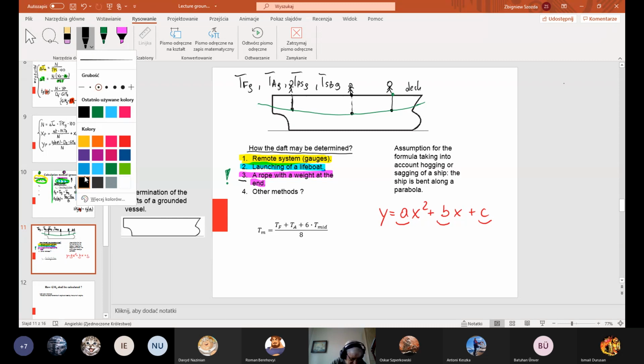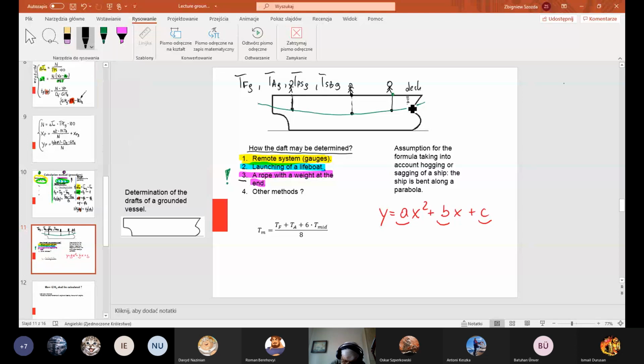Okay, if you really need draft on draft marks, you can use the general arrangement of your ship. If you have the water line, you may draw a curve, and using this curve determine drafts on aft, midship and fore.